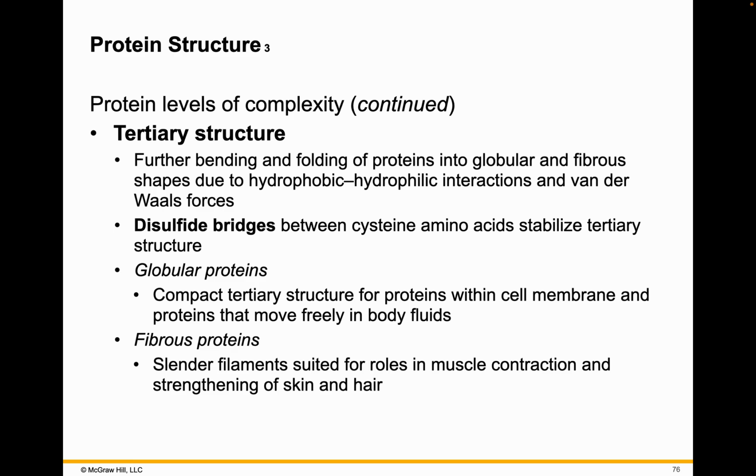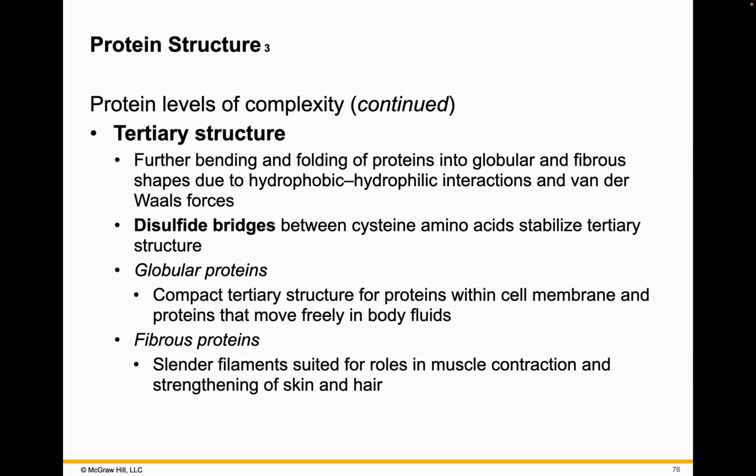And that may include the formation of disulfide bonds if you have the amino acid cysteine in there. That tertiary structure is generally either a globular protein, which is compact, found within cell membranes, moves freely in the body fluids, or fibrous proteins, which tend to be filaments, and they have a lot of structural function within the body.